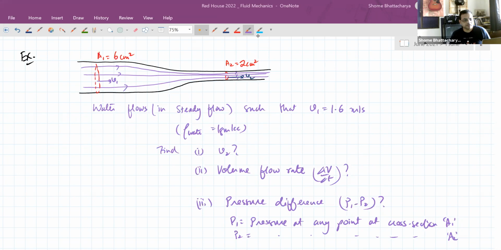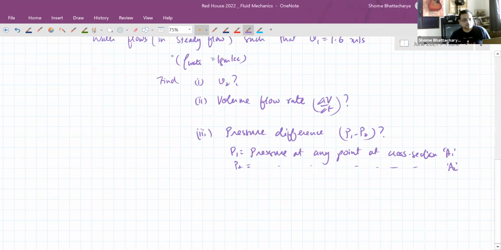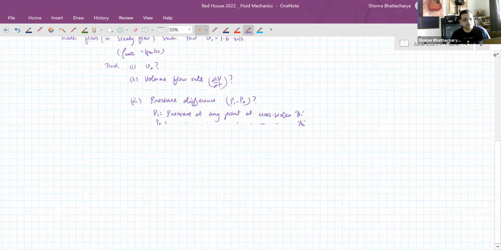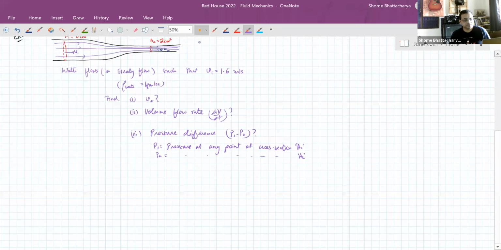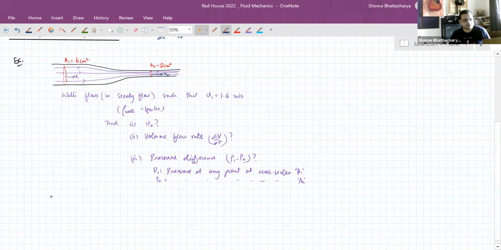Yeah, just have to be a little careful about the units. Okay. So remember, the area of cross section is given to you in centimeter square, whereas the speed of flow is given in meter per second. So be careful when you're converting to volume rate of flow.